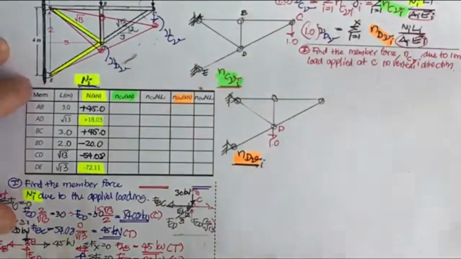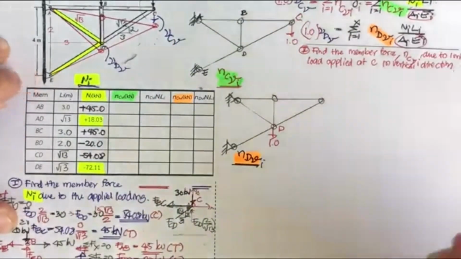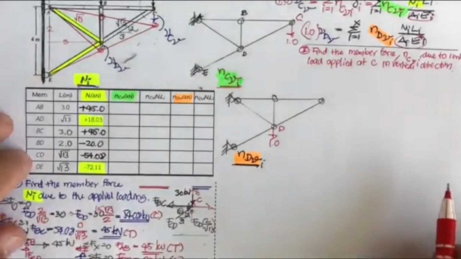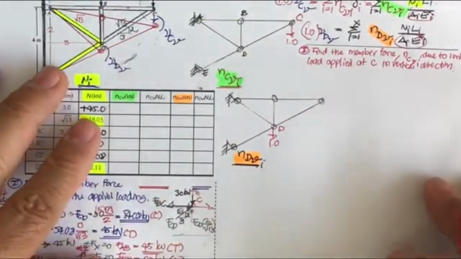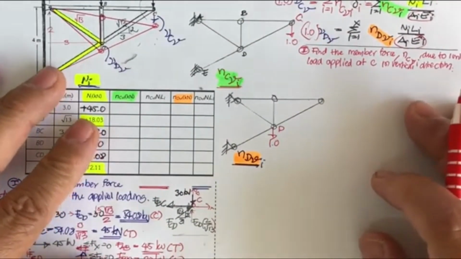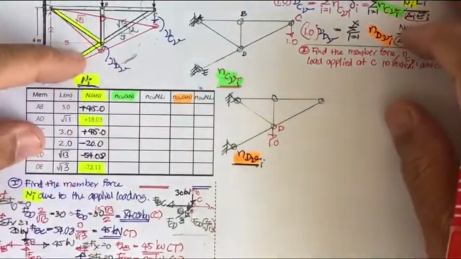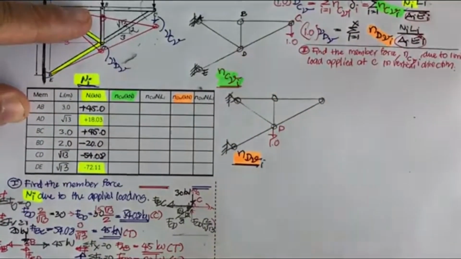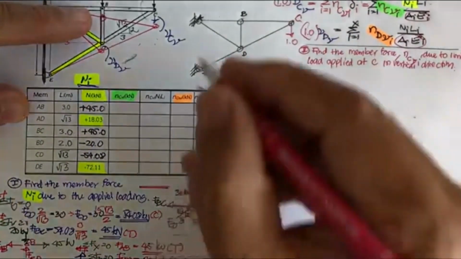That is used to determine this one. So we put this, and what we have, we need to consider this truss, and we can use the concept of zero force member.